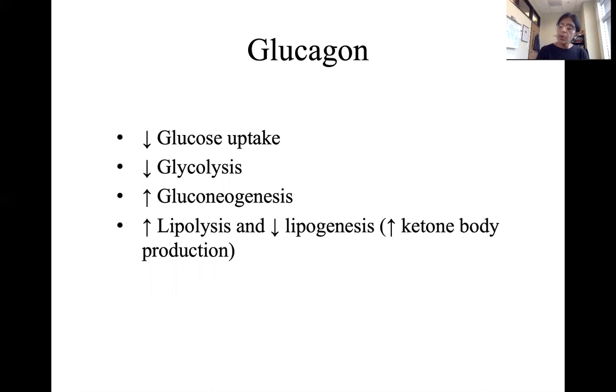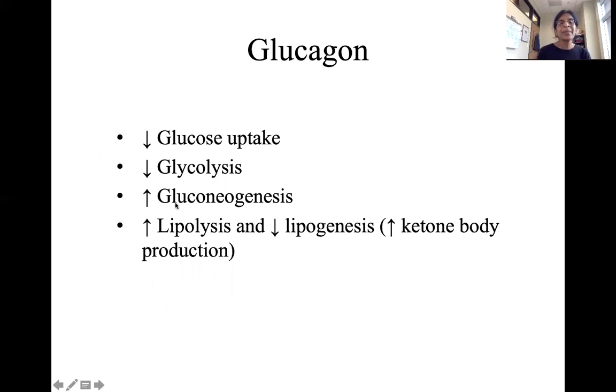So the goal of glucagon is to increase blood glucose levels. So it inhibits the uptake of glucose, meaning you do not want to move glucose to the cells, but to leave it in the blood. And it also inhibits the breakdown of glucose, so it inhibits glycolysis.